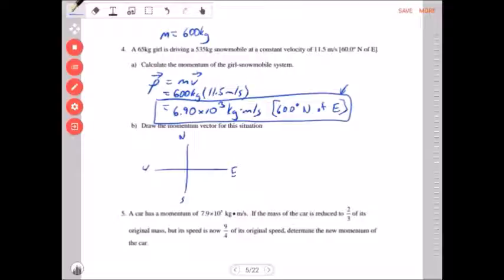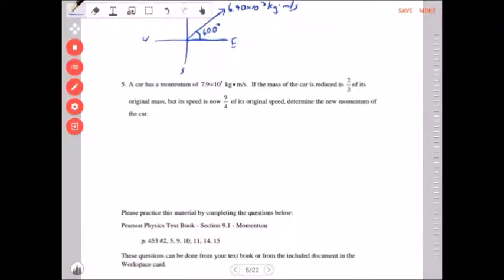So here's the east line, and I am to the north of it. So I go like that. That's how we draw our picture for this. So that is 60.0 degrees north of east, and then of course our momentum goes on that, 6.90 times 10 to the third kilograms meters per second. And that is how you do that.